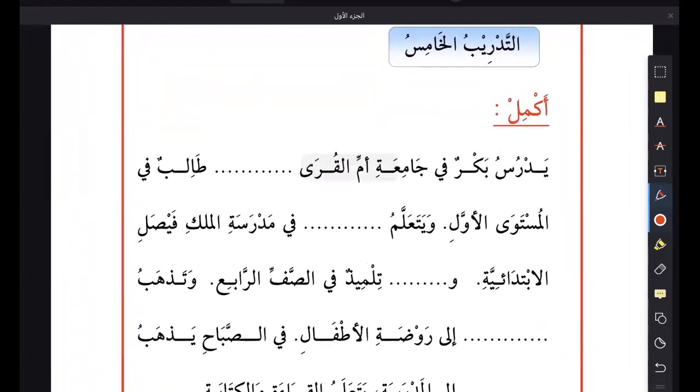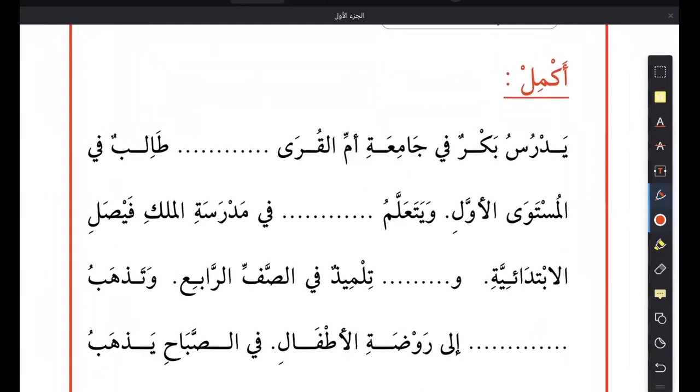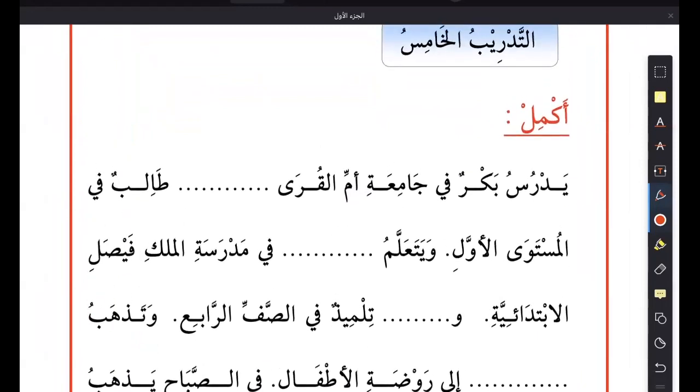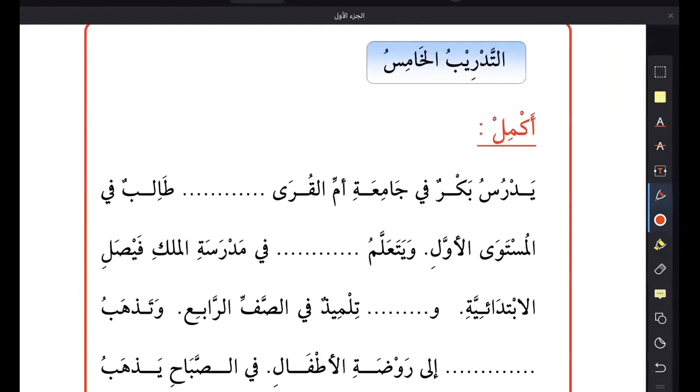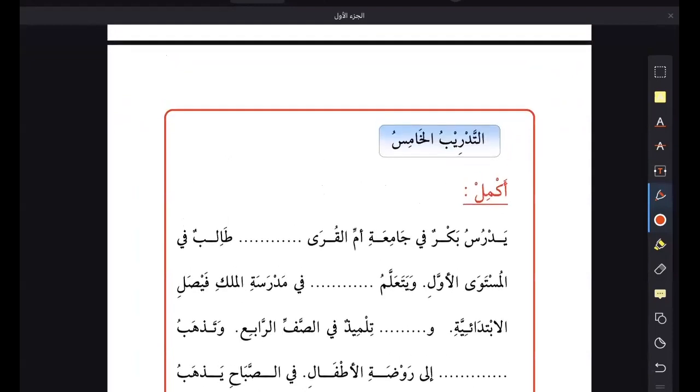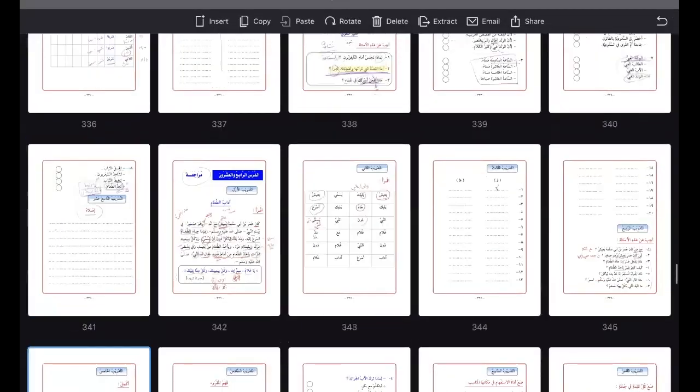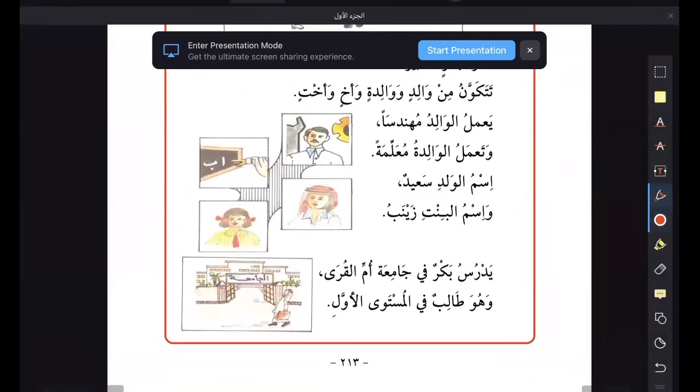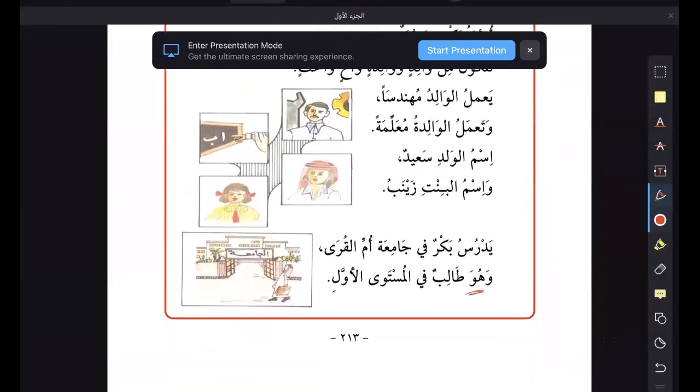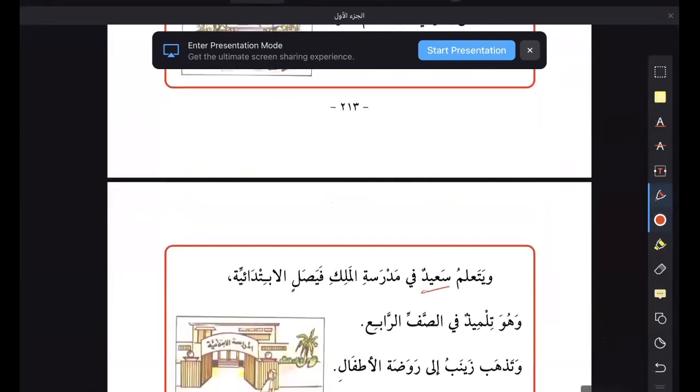I think we read this text before. Remember, this is a muraja, so they will be giving you a lot of things from what we have covered in unit 4, right? I think it's coming from somewhere up there. Here it is: يدرس الباقي في جامعة أم القرى وهو طالب في مستوى الأول ويتعلم سعيد في مدرسة. So it's pretty much هو تلميذ, copy and paste from here.